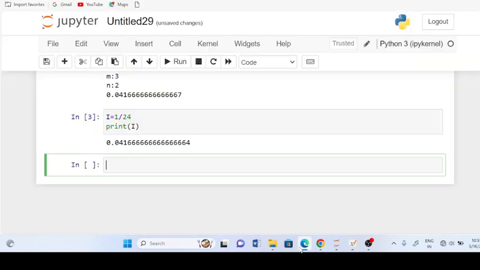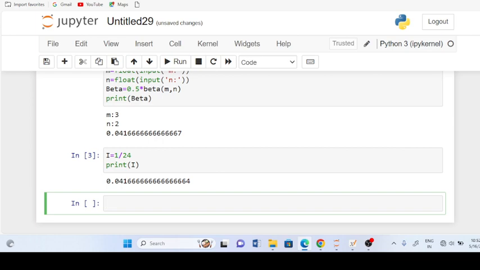But while doing the Python programming, we are not getting exactly 1 by 24. Instead, after simplifying, we are getting the answer 0.0416. It is nothing but I is 1 by 24. If we take the print, we are getting this answer. It is nothing but the same.